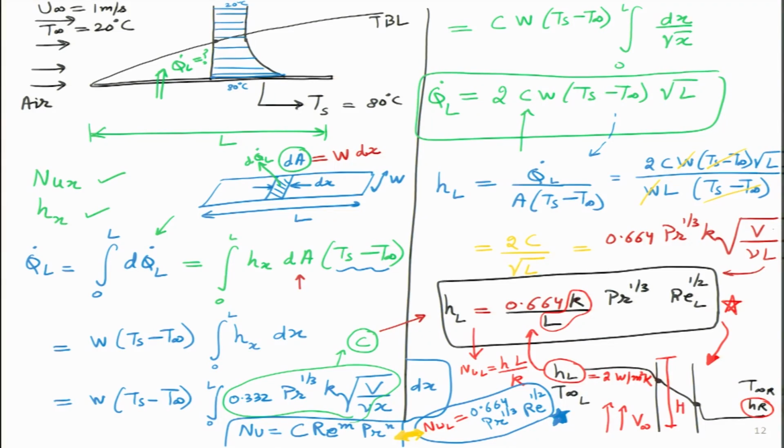So, only the C, m and n values we have to evaluate. The constant value we have obtained is 0.664. The Prandtl power we have obtained is 1 by 3. The Reynolds power we have obtained is 1 by 2. So, a very beautiful result we have obtained, and we have also correlated it with our past knowledge. Everything is going in a very smooth flow, because whatever we were doing earlier, whatever we are learning new, we are correlating it with the previous thing.